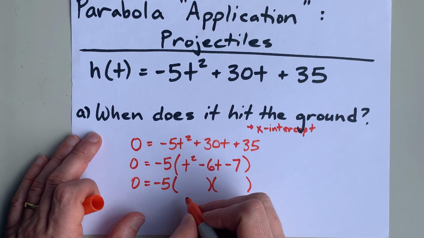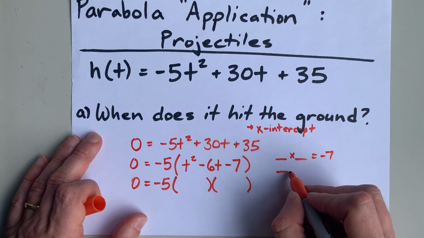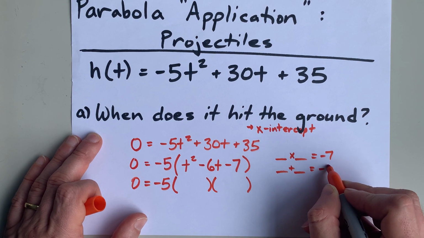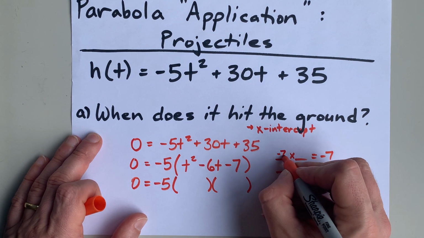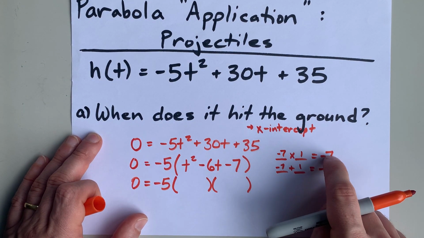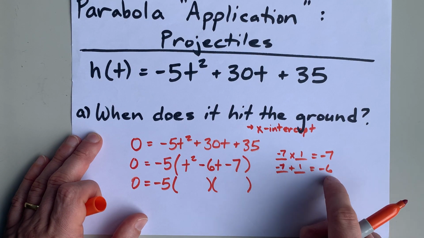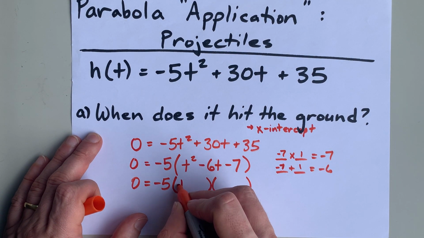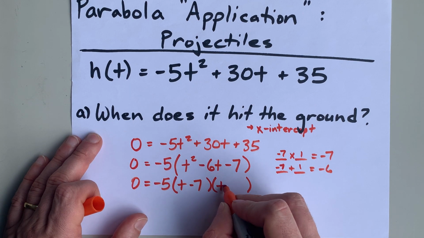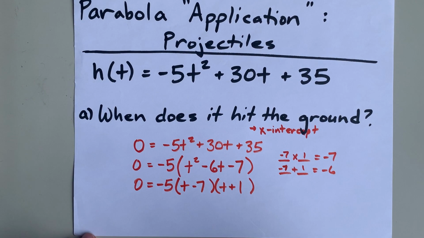What I mean is the two numbers that multiply to make negative 7 and add to make negative 6 are negative 7 and positive 1. See how they multiply to that? And negative 7 plus 1 is negative 6. That means t minus 7 and t plus 1 are factors of this equation.